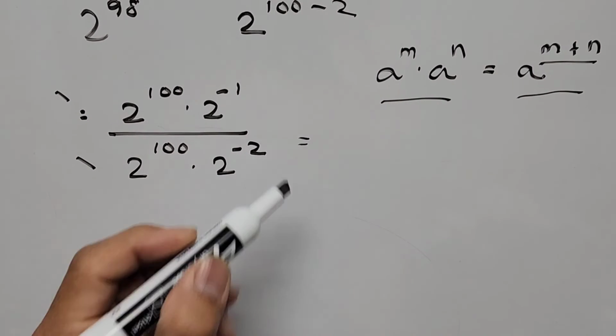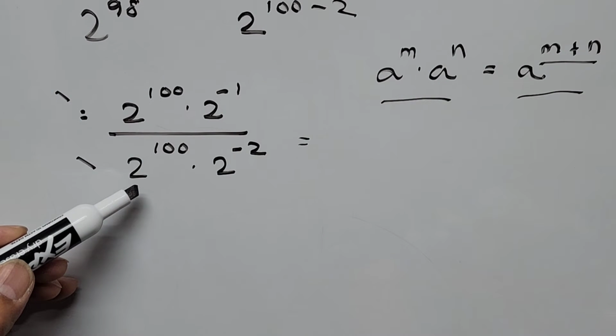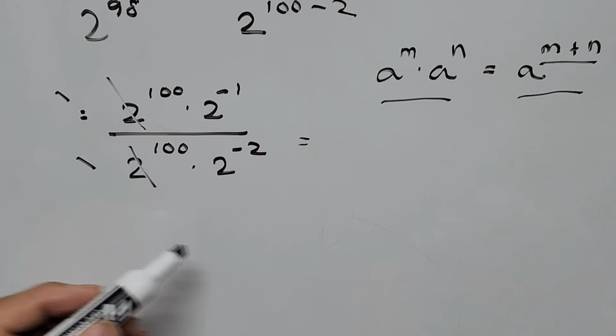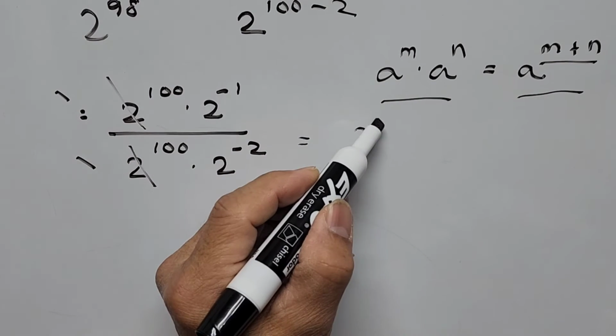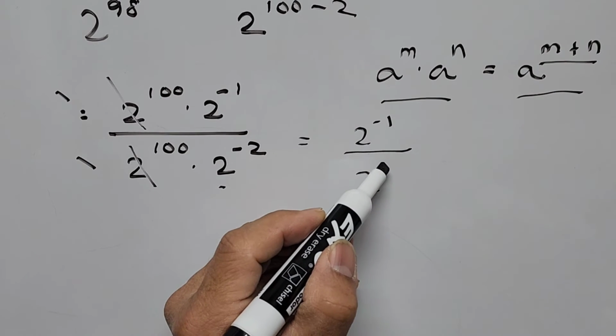And so from here now, if you notice, 2 to the power of 100 is in the numerator and the denominator the same way, so this can be cancelled. What we have left is 2 to the power of negative 1 divided by 2 to the power of negative 2.